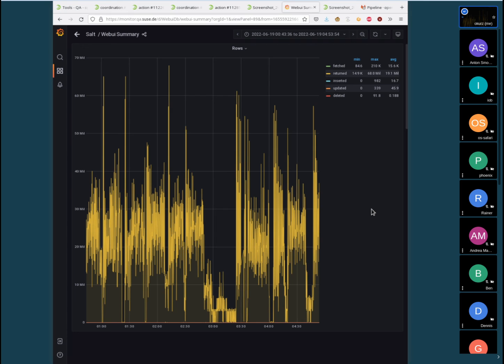When we conducted the migration on OSD, it only took 18 minutes, the actual migration. Yes, after migration.